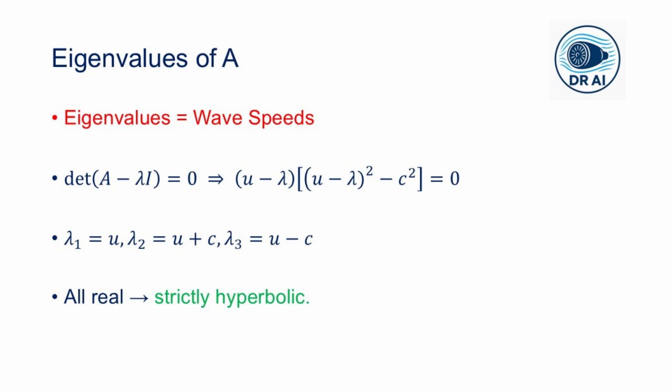Now, eigenvalues and eigenvectors. Compute the eigenvalues as determinant of A minus lambda I equals 0. All eigenvalues are real here.